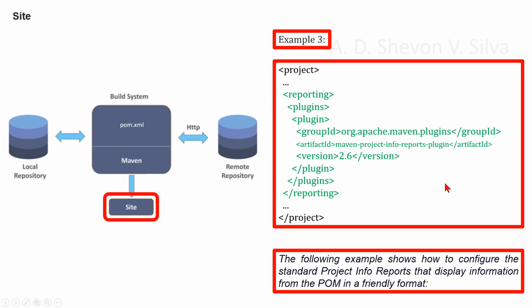The Maven project info reports plugin provides many standard reports by extracting information from the POM, for example continuous integration, dependencies, issue tracking, license, mailing list, project team, and source repository. To add these reports to your site, you must add the plugin to the reporting element in the POM.